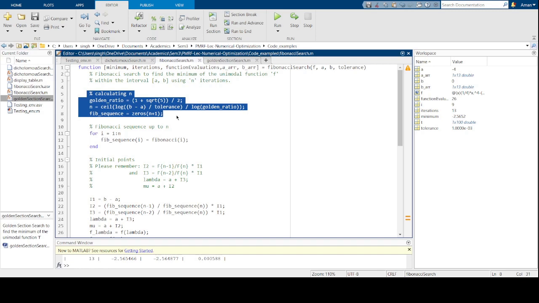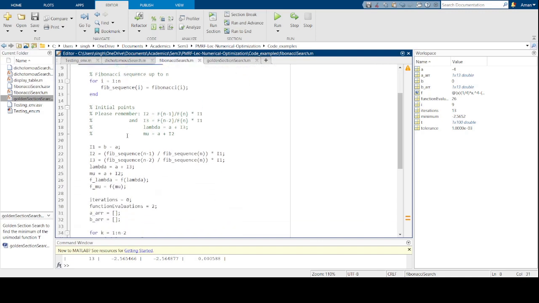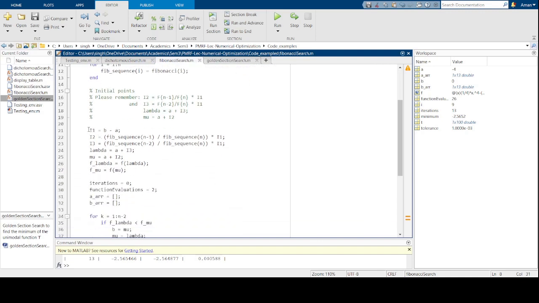How it calculates the n is, we know that the final interval In will be initial interval I1 by Fn, and this should be lesser than the tolerance. So based on that tolerance, we try to find what the n is, and once we get n, then we try to initialize the first few points.